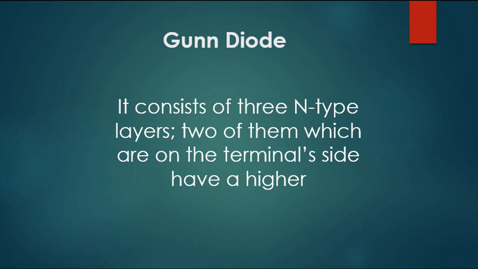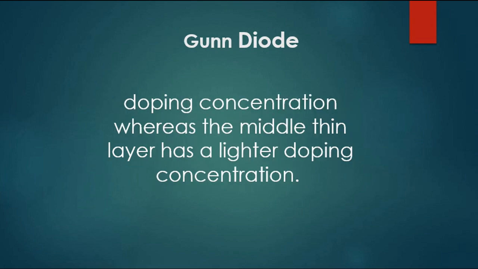In terms of doping, the middle thin layer has lighter doping concentration, while the other aspect of it has higher resistance.